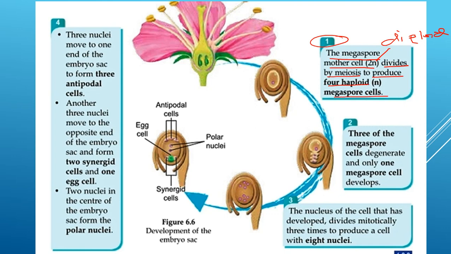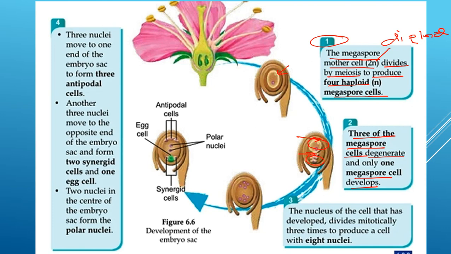Okay, megaspore, this one, divide by meiosis to produce 4. Okay, 4 megaspore cells, haploid. 3 of the megaspore cells will degenerate. This one, 3 degenerate, and only 1 megaspore dia develop.